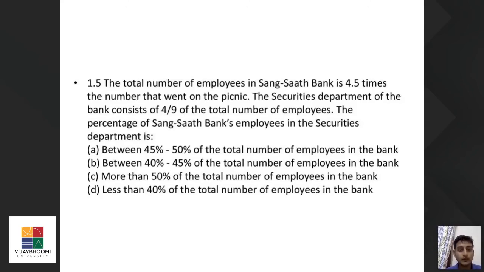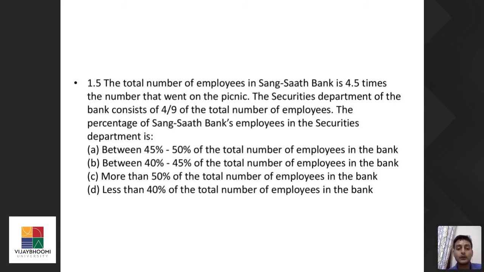The total number of employees is 4.5 times the number of people that went on the picnic. The securities department of the bank consists of 4 upon 9 of the total number of employees. The percentage of the bank's employees in the securities department is okay. So in this question, the answer is given right there in the question itself.